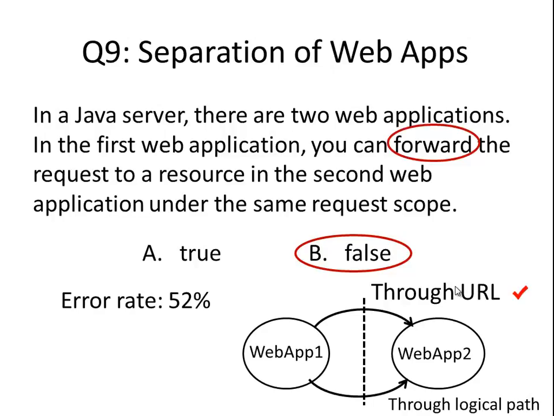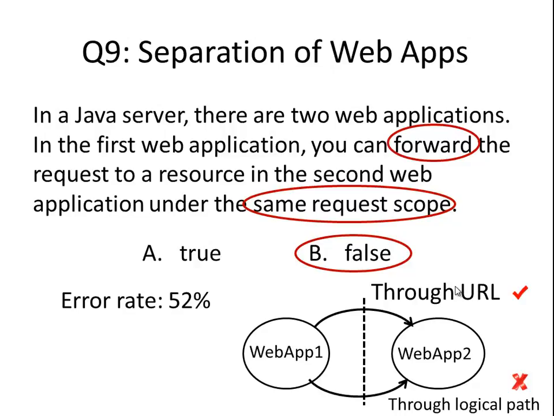Okay, so here let's see. In the original question, we need to use the forward way to access a resource and make sure the 2 resources from 2 different web applications stay in the same request scope. Okay, yeah. So definitely through the URL we cannot do it. Yeah, because it's an external way, so we cannot do it through the URL. So how about through logical pathway?